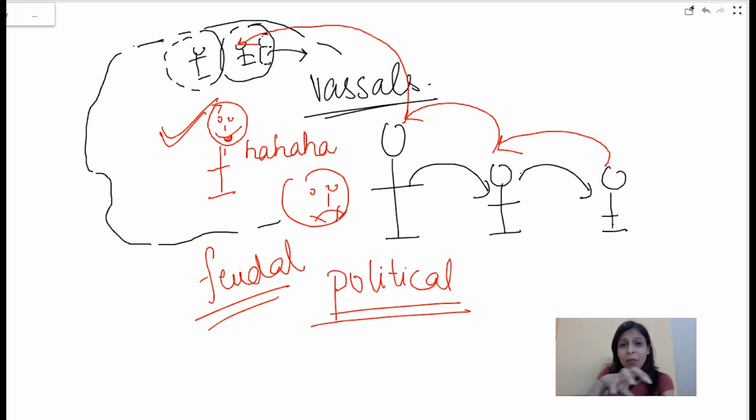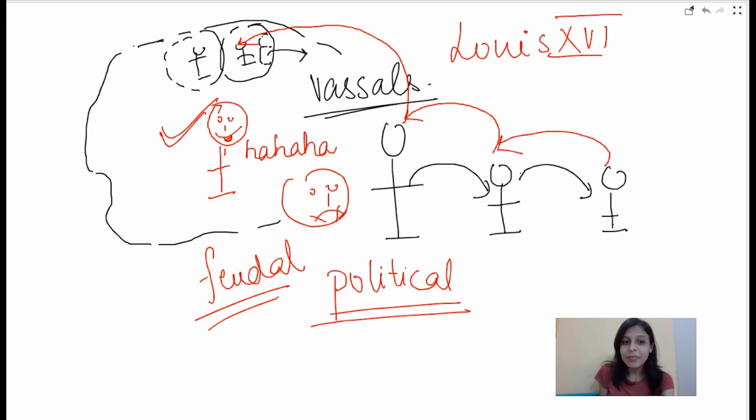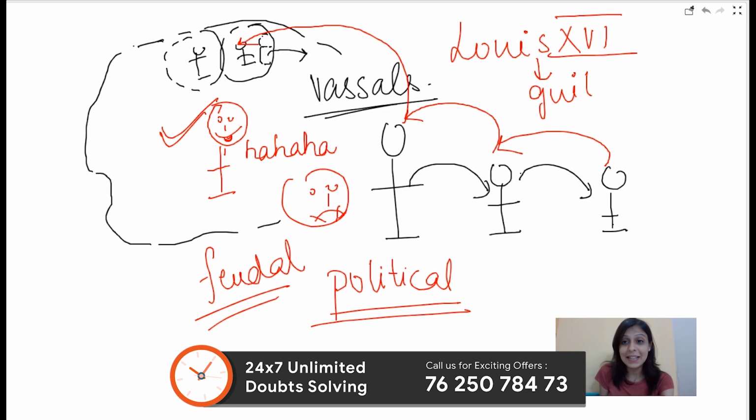Even the harvest was not good at that time. The economic policies of which king were there? Yes, of Louis XVI, who met his death when he was guillotined.